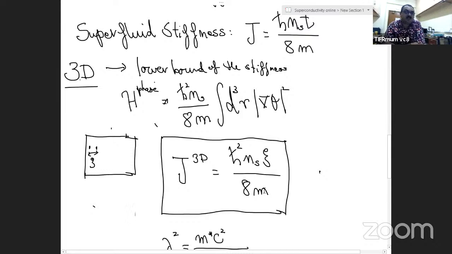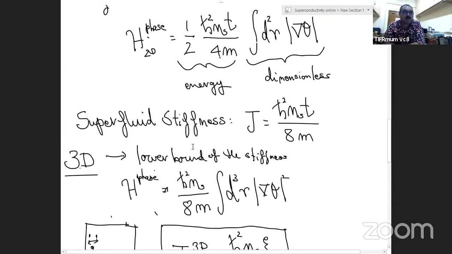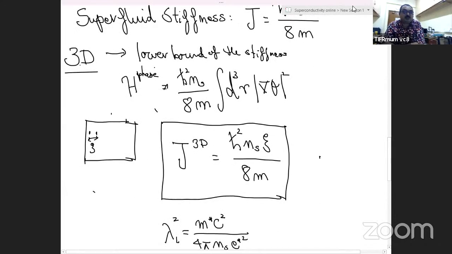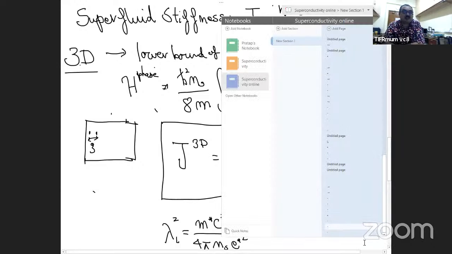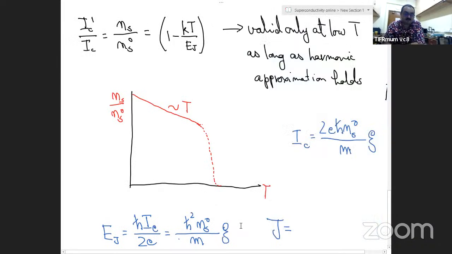For 3D it is ξ, for 2D you had a thickness that comes here. But look at this expression, and look at today's expression. It is exactly the same. So J that we had derived in the last class was, except for a factor of 8, the same expression.